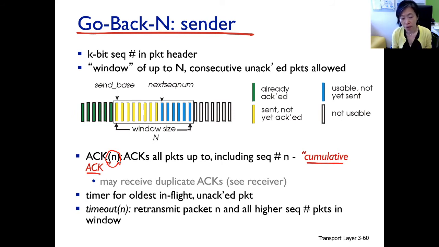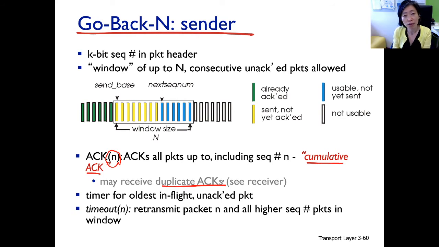Now, if the sender receives duplicate acknowledgements, so ACK n has already been received, but the next moment, another ACK n is received. What does that say? If you recall earlier, that usually meant packet n plus 1 has a gap at the receiver.